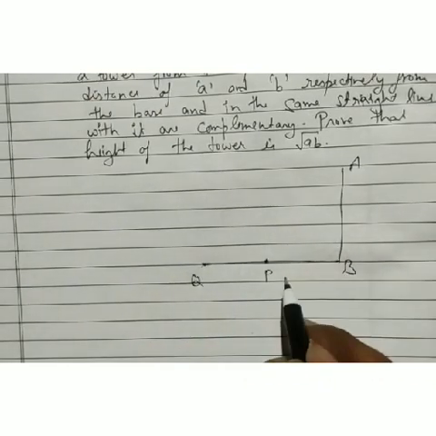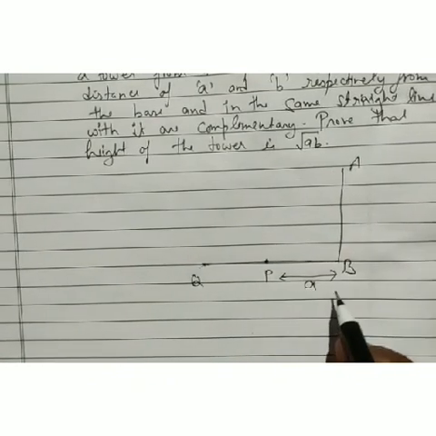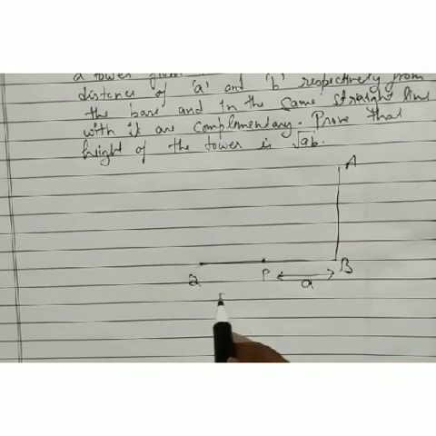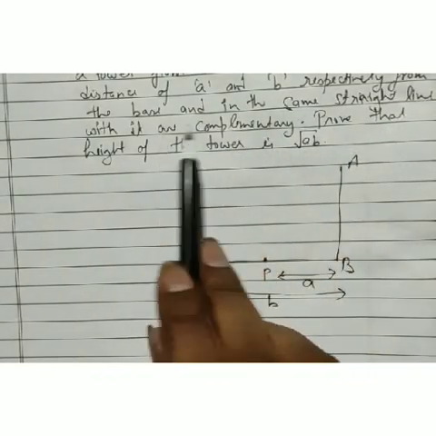This is our point P and this is our Q, at distances A and B. This distance BP is A, and BQ is what? This is our distance B, respectively from the base and in the same straight line.